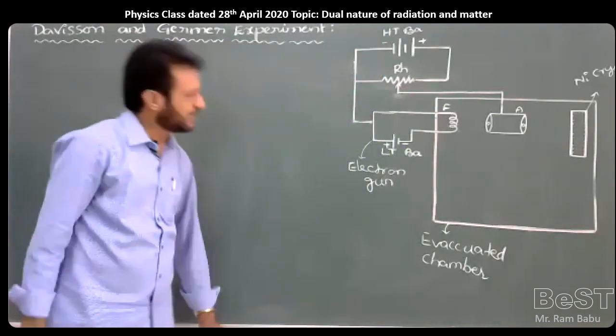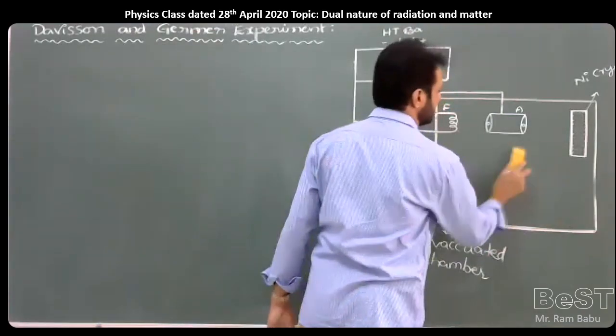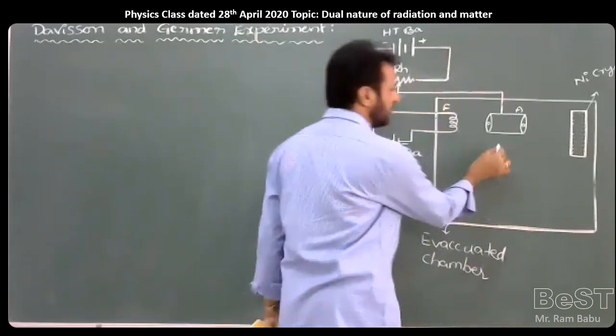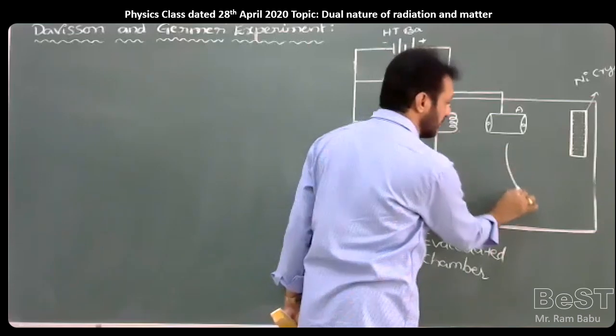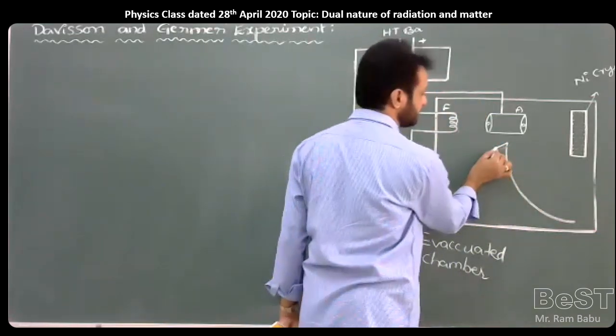Next, for measurement of the current flowing through the circuit, we have to use one galvanometer and also a movable detector or collector. Here I am using one circular shaped movable detector like this.